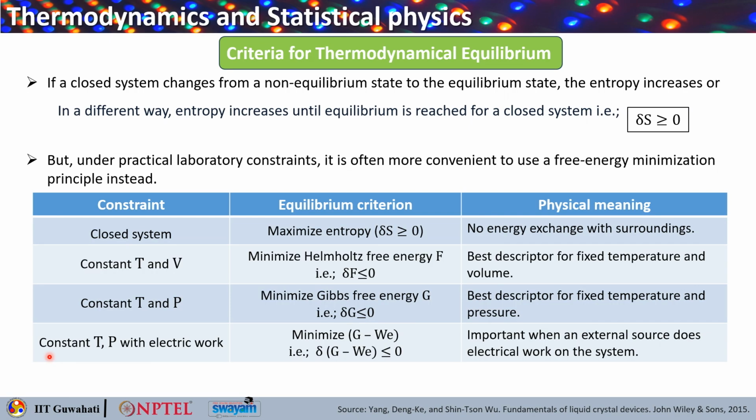And if you have constant temperature and pressure with electric work, in that case you basically minimize G minus W_E, that is the electric work. That means you obtain equilibrium when delta G minus W_E, with subscript T, P, is less than or equal to 0. So, this is important when an external source does electrical work on the system.